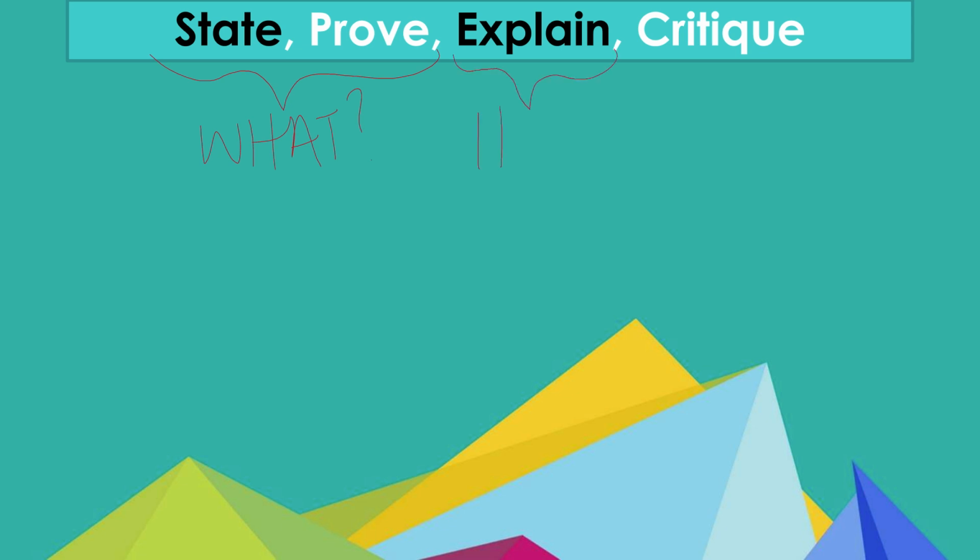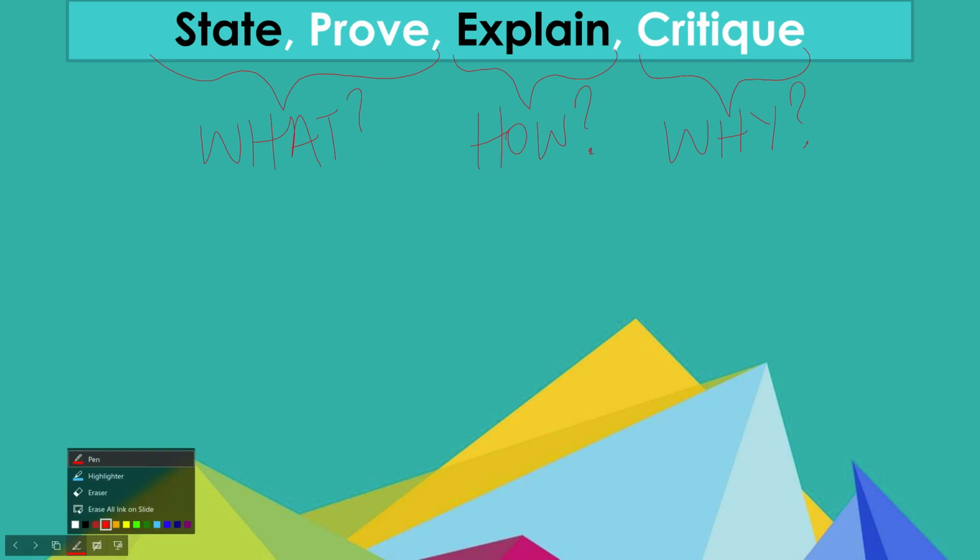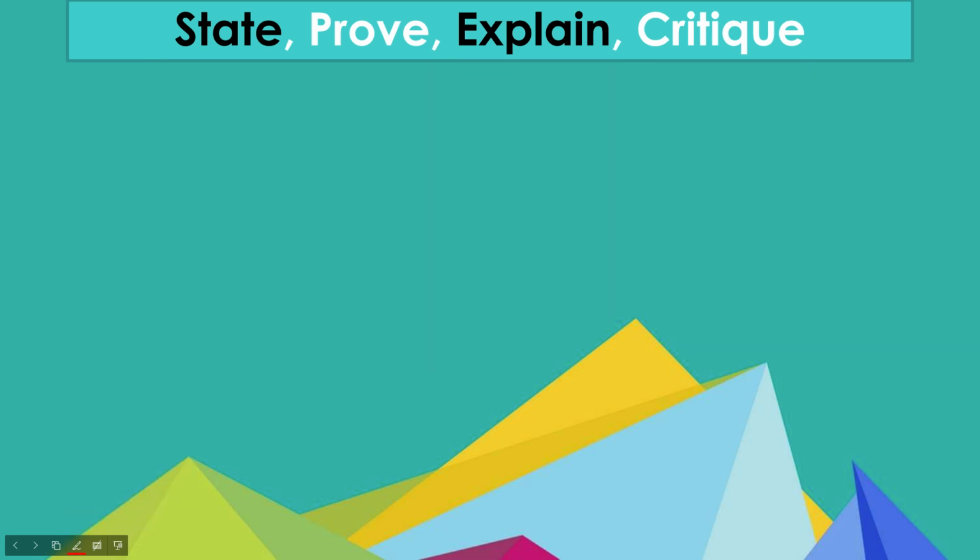This is your how, which means this is your why. So for each poem in the paragraph, you need to make sure you have state, prove, explain, critique in each section, okay? Watch me now try and erase all the ink. Oh my goodness, I'm a genius.